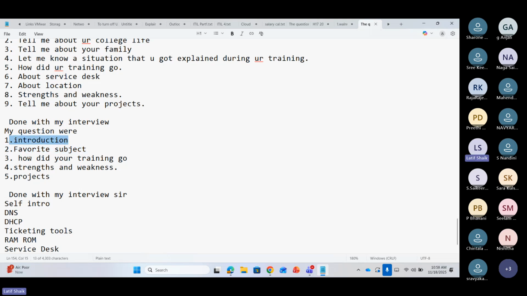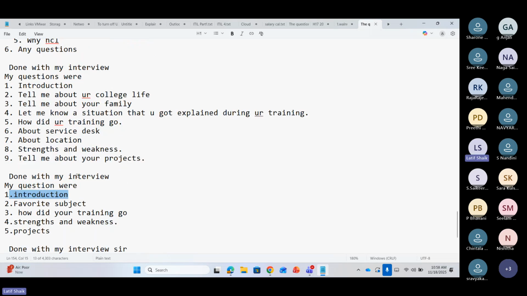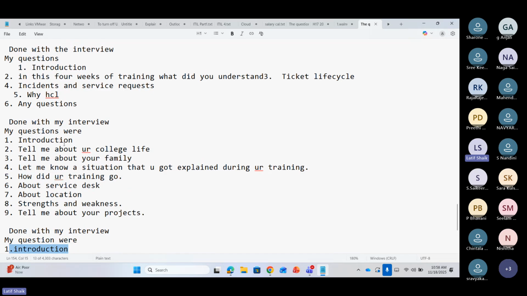Okay. Self-introduction, you know how to give it. I need not tell all these things. Tell me about project, strength and weakness, and location. Which location do you prefer? Guys, any location is preferable. Your most favorite location means the location you like more, where you are more comfortable.